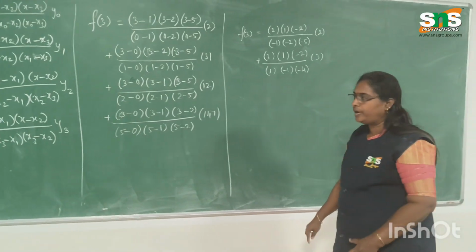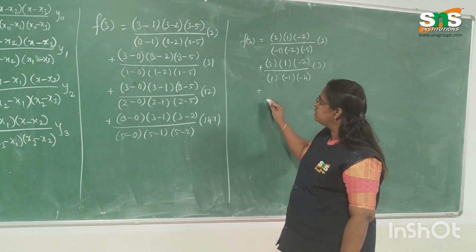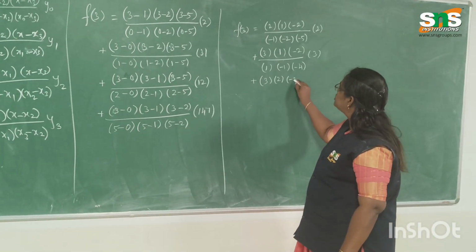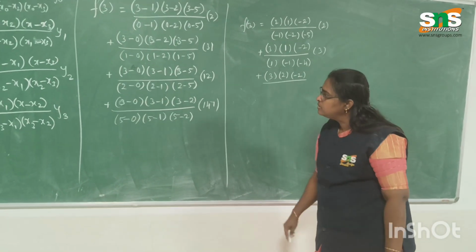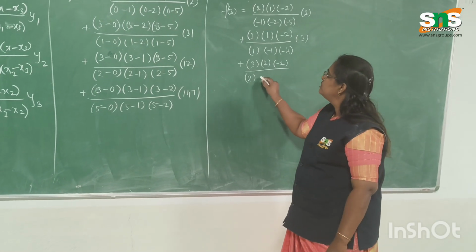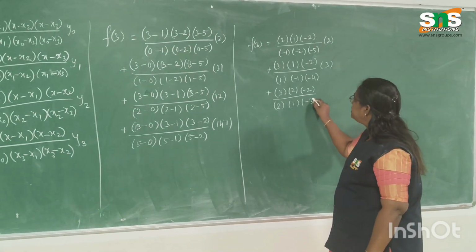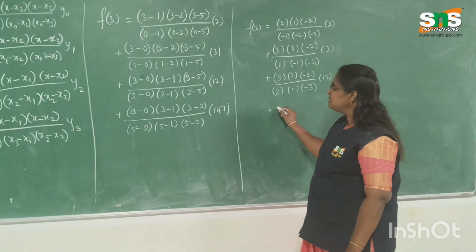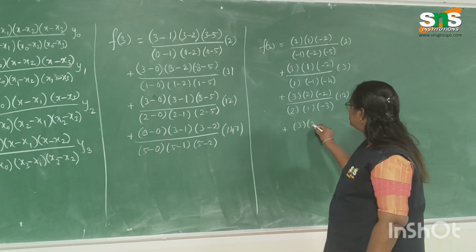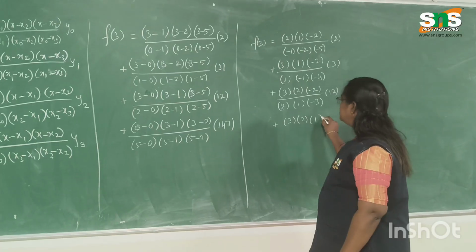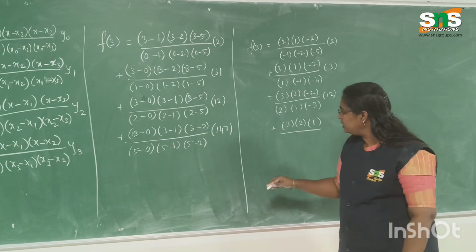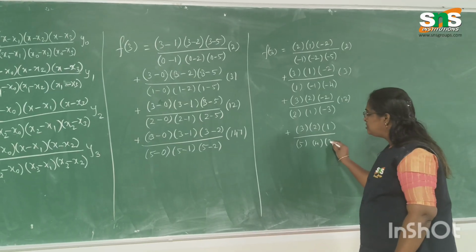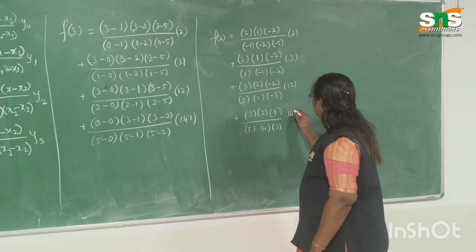Then the third: 3 into 2 into minus 2 divided by 2 into 1 into minus 3, into 12, and then plus 3 into 2 into 1 divided by 5 into 4 into 3, into 147.